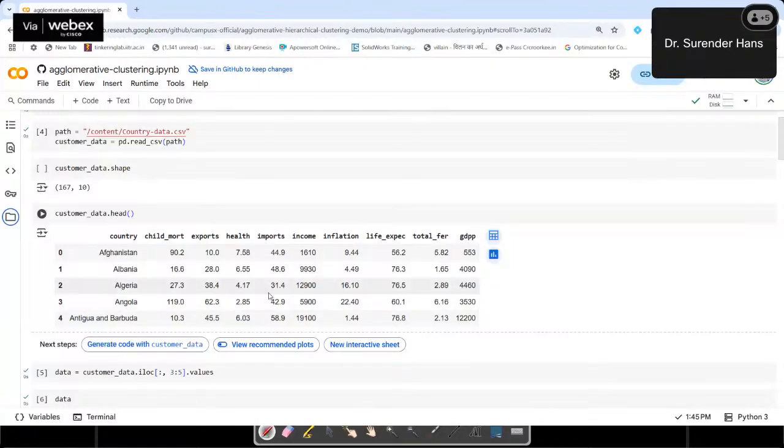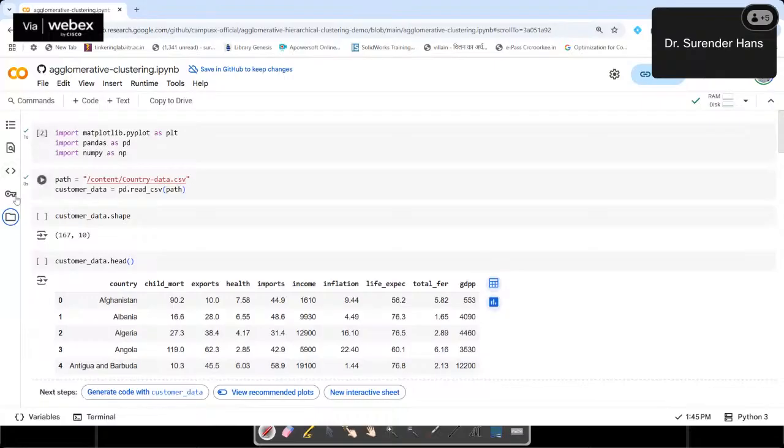So there are 10 input features. Let me just run this one.